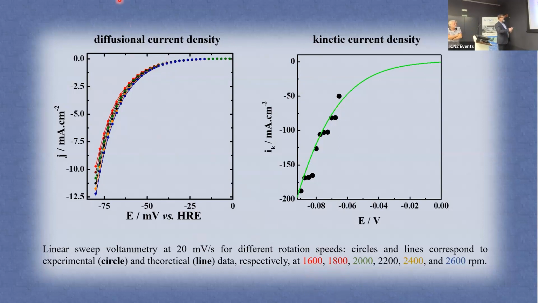So this indicates the dependence of the current on the diffusion process at low overpotential, before the onset potential. So the process is limited by the diffusional current density in the initial region.